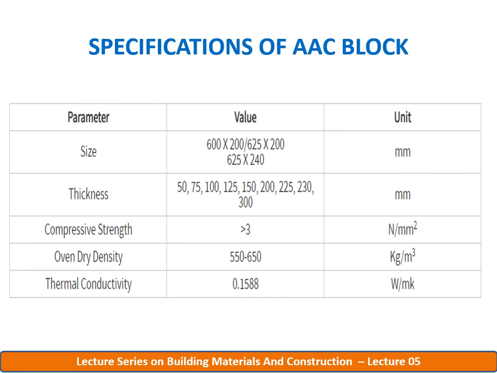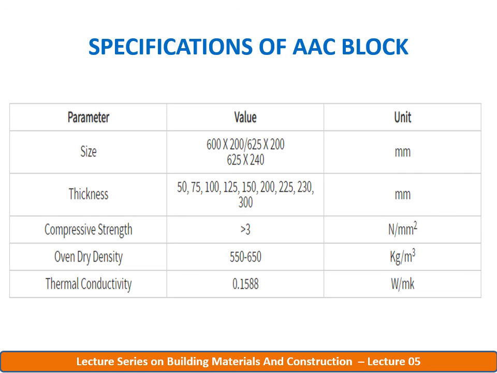So these are the different sizes as you studied. Next is the specification of the autoclave aerated blocks. So the value as well as the unit is given for the different parameter. Size will vary from 600 to 625. So 600 by 200, 625 by 200. Thickness will vary from 50 to 300 in terms of mm.